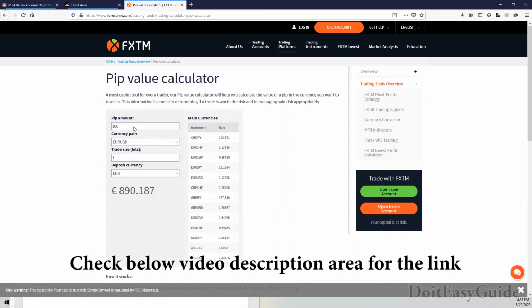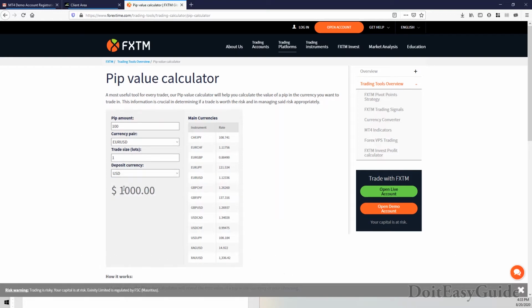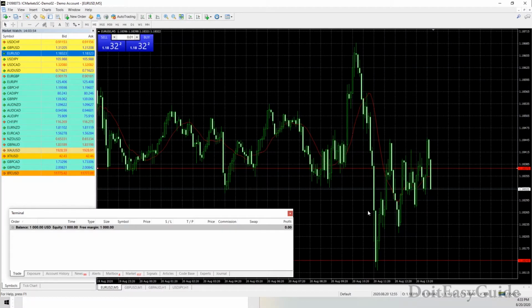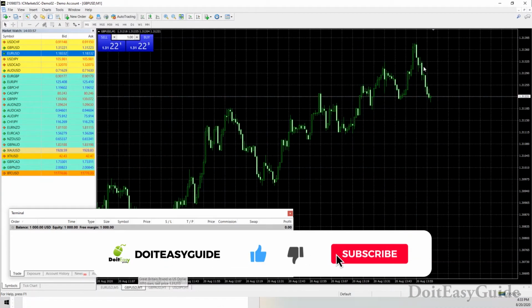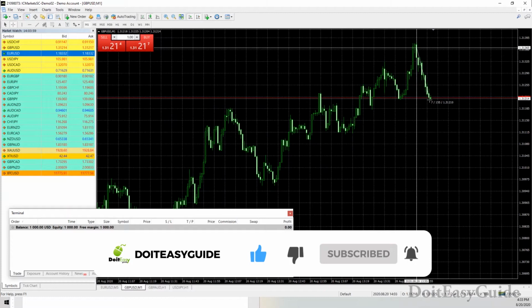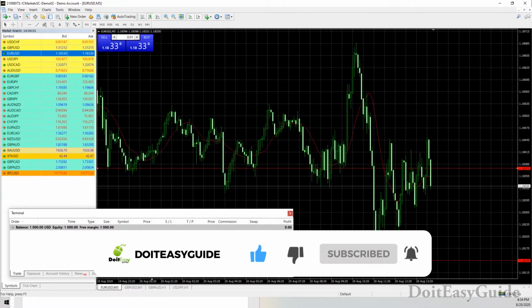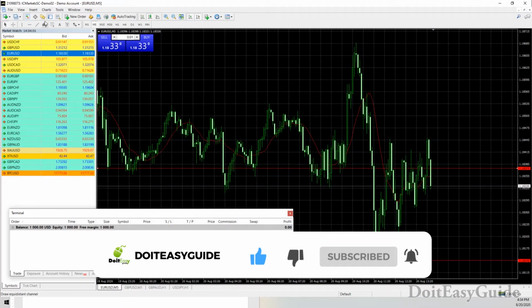So you can get to know how much you are risking and how much you are profiting. Let's say I'm going to change my currency to dollar. Let's say we are targeting 10 pips.